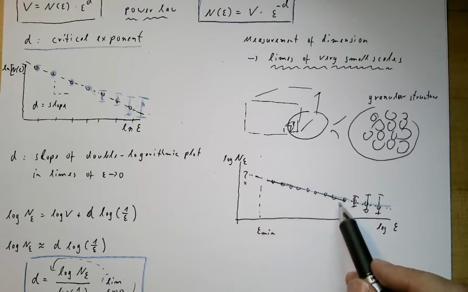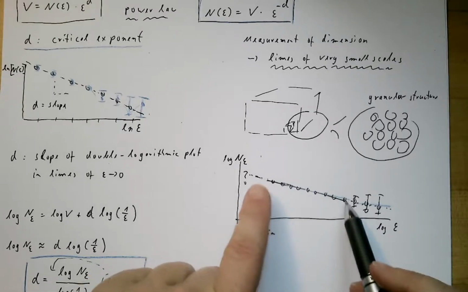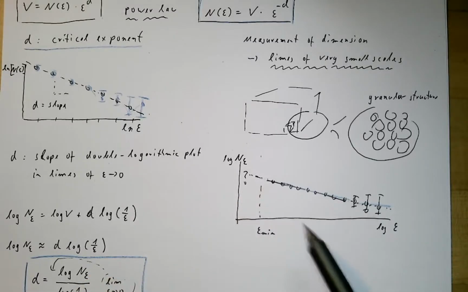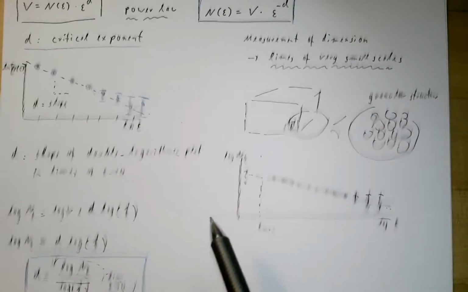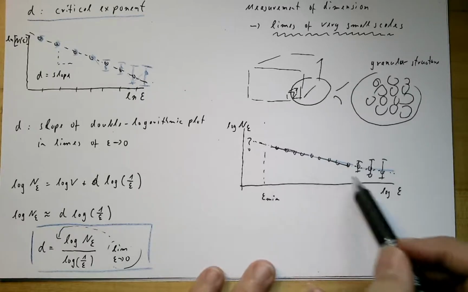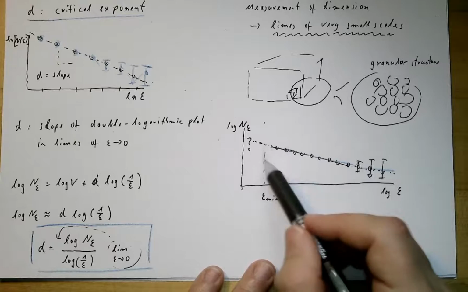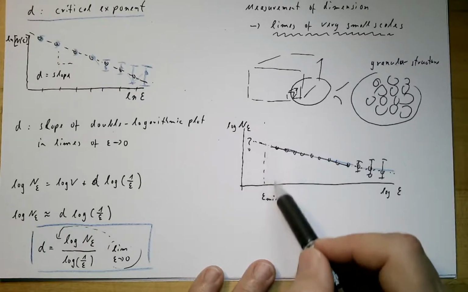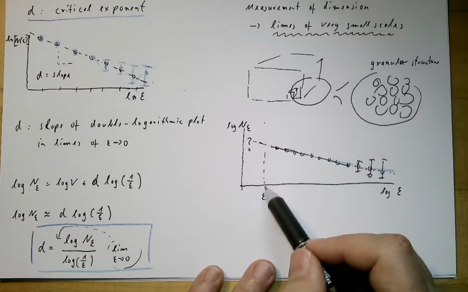As always with power laws, scaling will only be in a certain range. And even though in the mathematical theory we need to go to the limit epsilon goes to 0, in practice there's always, from physical constraints, a minimal epsilon we can go to.